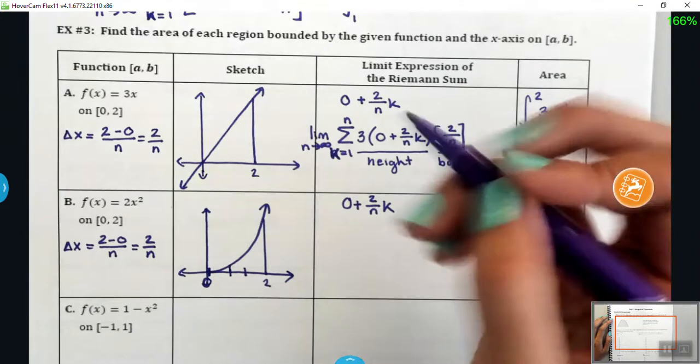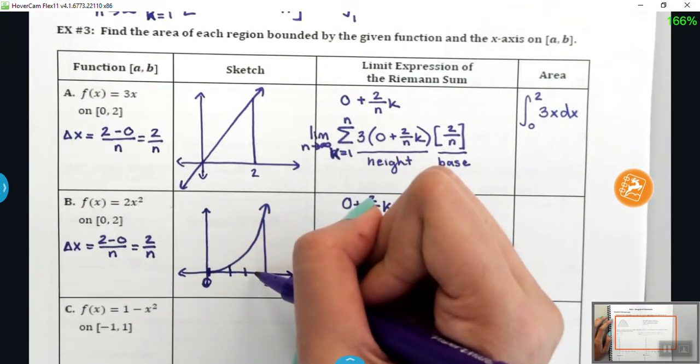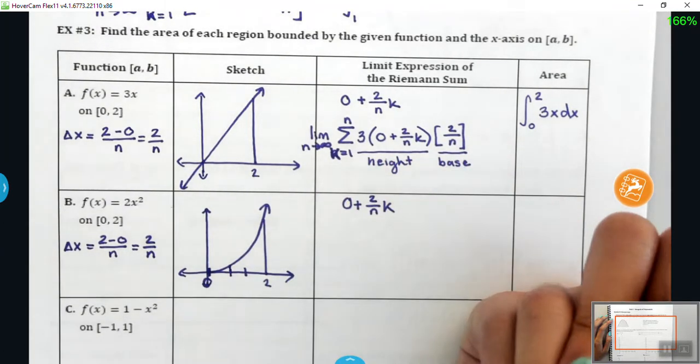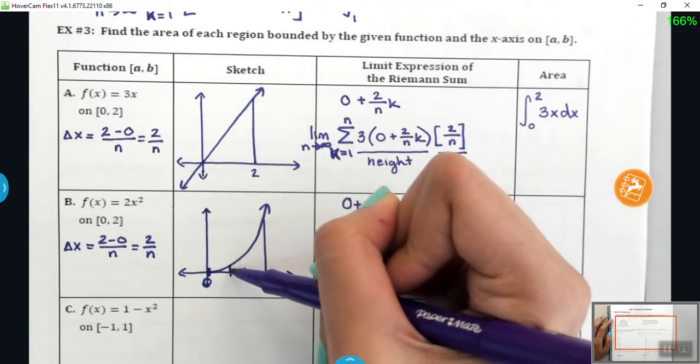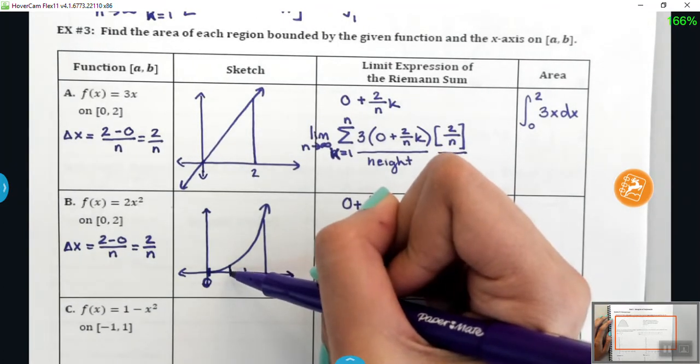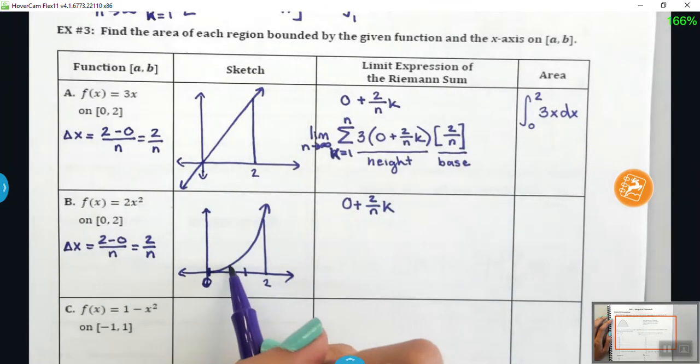After I do that, once I know where my subintervals are, what's the next step? Summation. Well, let's find the height of our rectangles first. Oh, true. Okay. How do we find the height of our rectangles? Well, if I wanted to know where I was at 1, what would I do?